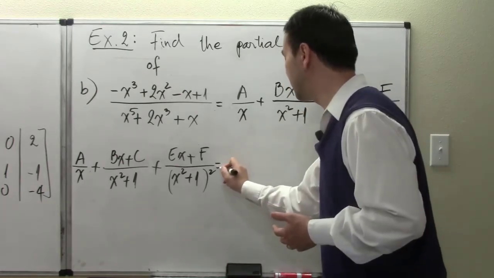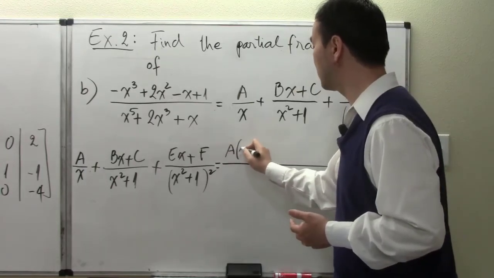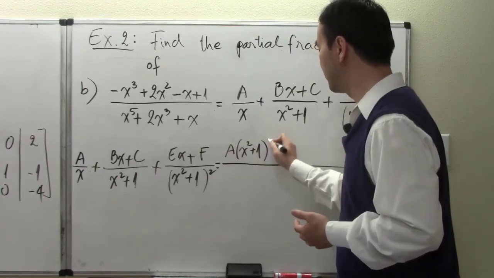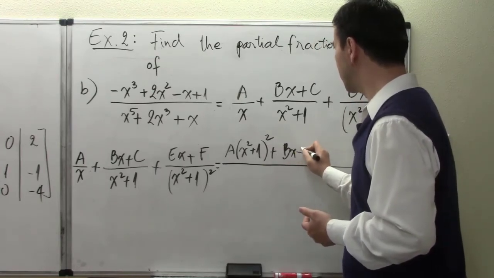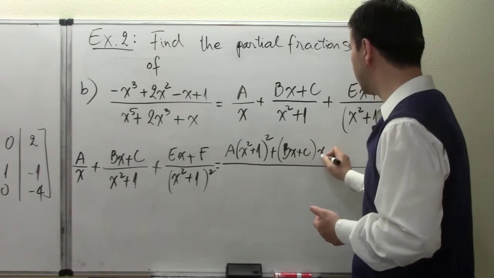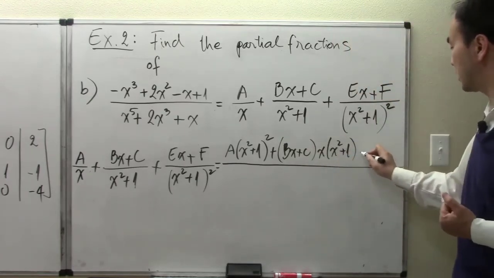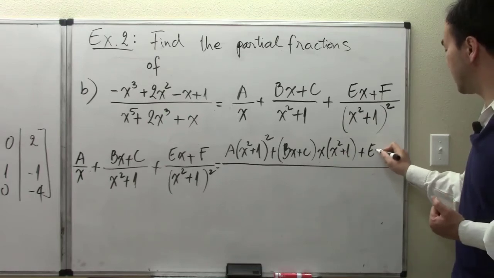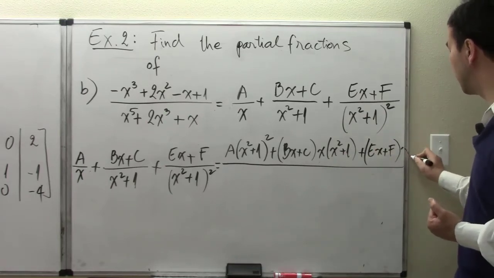Okay, so here I'm equaling. A needs to multiply with the complete x squared plus 1 all squared, and then Bx plus C, I need to multiply with x and x squared plus 1. And the last one here, the Ex plus F, I just simply need to multiply with x.